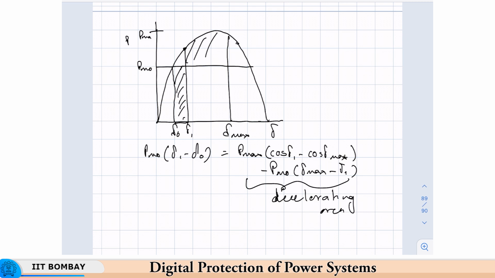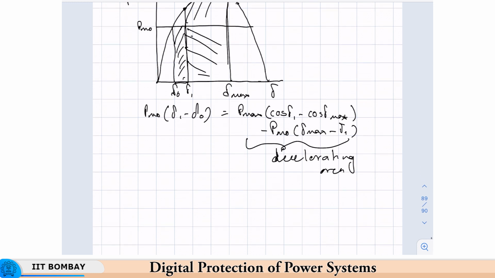It is actually the area under this curve here, this area minus this area. So, what is that? That is just the integral of P max sine delta from delta 1 to delta max.